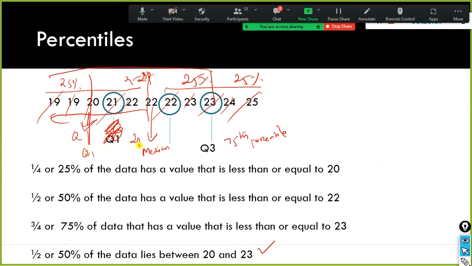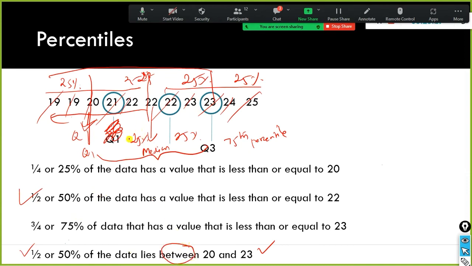So here you have 25%, and we can say it this way also: 50% of the data lies between 20 and 23. What is the difference between this and this? Here the clause is between.